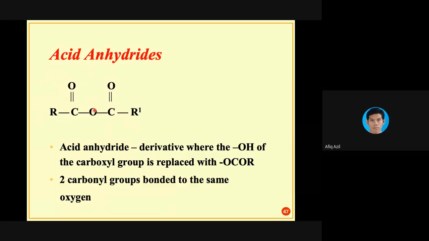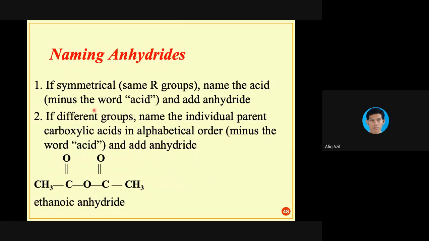Earlier just now we have seen the synthesis of acid anhydride, in which you can have a carboxylic acid react together with acid chloride in the presence of pyridine. So the anhydrides, if they are symmetrical, are named by naming the acid minus the word acid and adding anhydride.